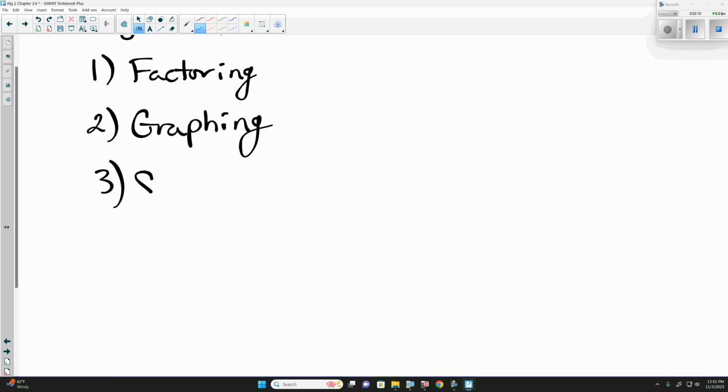Our third method was the square root method. These 3 methods we went over work in a lot of different cases, but they don't work every single time. The first one that worked every single time was completing the square.